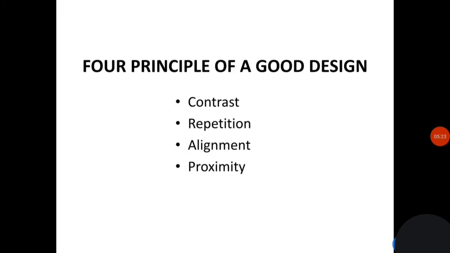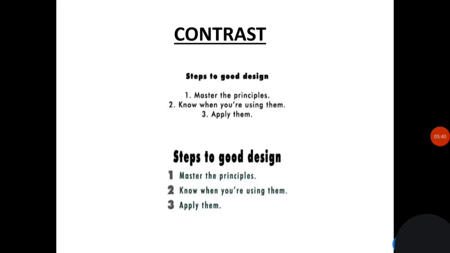What are the principles of a good design? Here we have 4 principles: contrast, repetition, alignment, and proximity. Contrast. When a design uses several elements, for example, fonts, color, size, line, shape, and thickness, the goal is to make each one distinct.